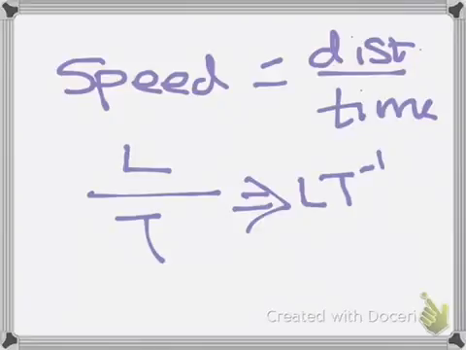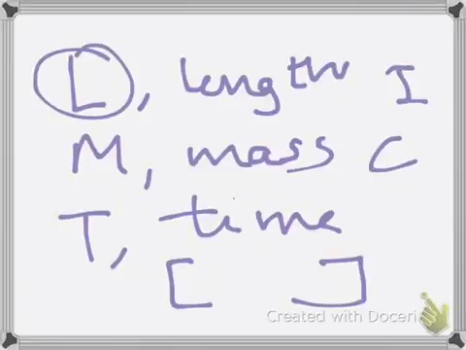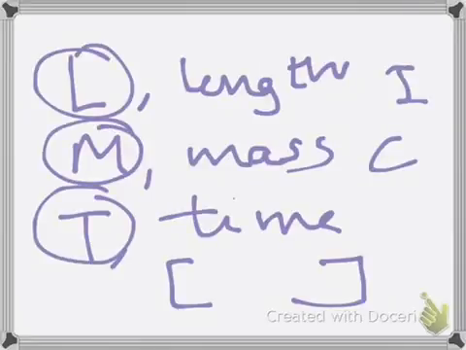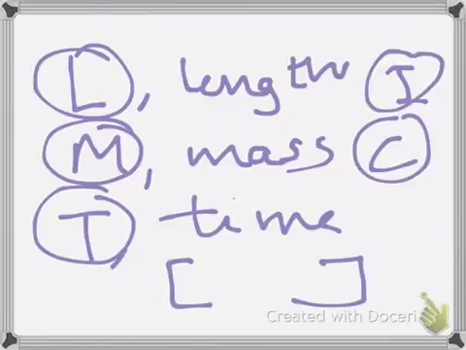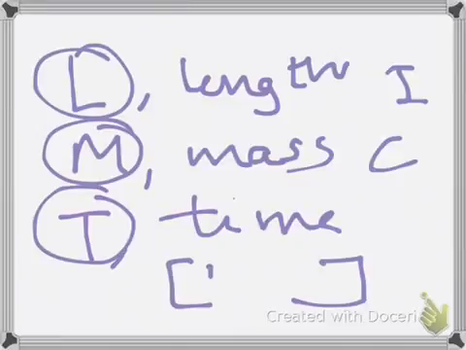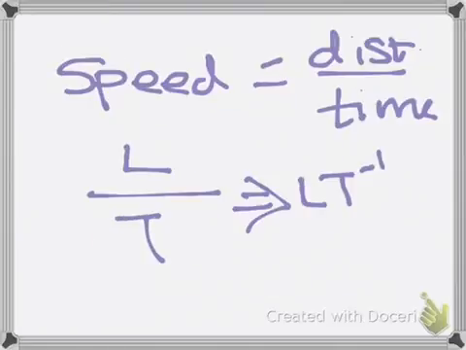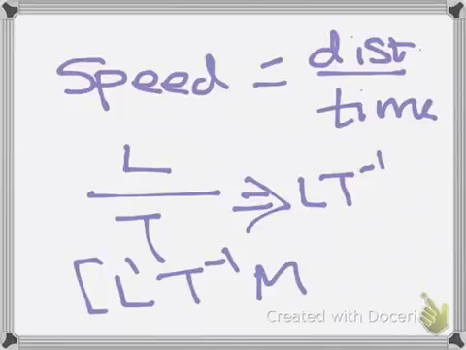And since there are three symbols, we use L, M, T, and we have I and C, which are not used very commonly, but we generally use the three of these. And they are generally written like this. So a similar format will be employed here, and we will write it this way: L1, T minus 1, and M, there's no M, M0.